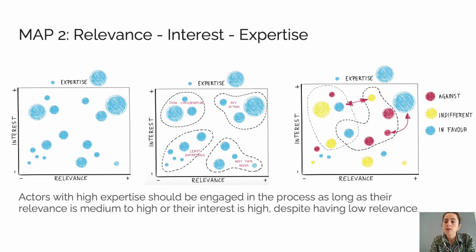By doing that, you can see if it is worth engaging an actor with no relevance, with no interest, but with expertise and a conflict with some key actor. At the same time, we could identify a stakeholder acting as a link between two clusters, two groups of actors, which would turn him into a key stakeholder for the process, regardless of his relevance, interest, or even expertise.